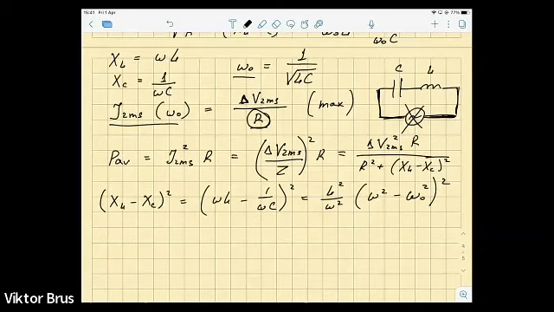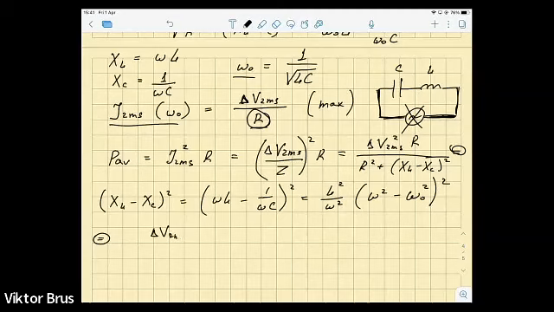So now if we substitute everything back into the equation for average power, we can continue here. It will be delta V average, sorry, not average, RMS.